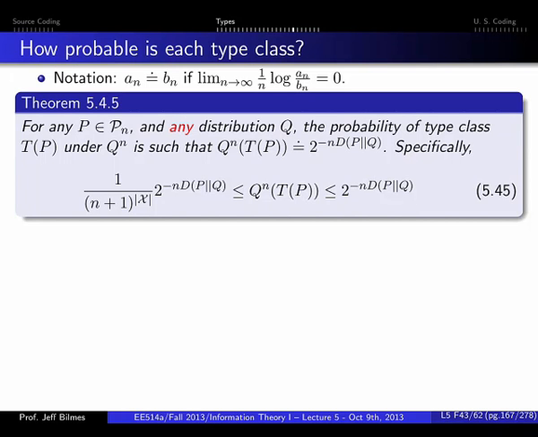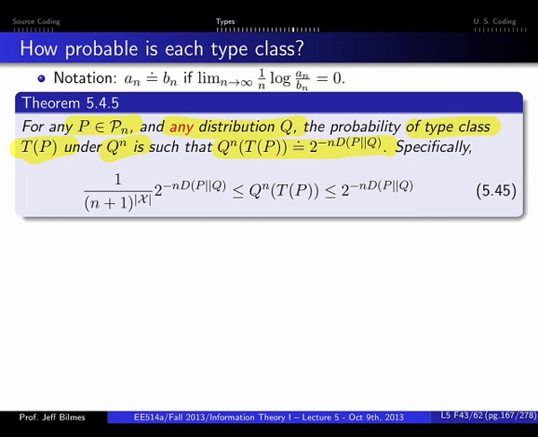So we have this theorem which basically says that if you take any type from the set of possible types in any distribution, which could be rational or irrational, the probability of the type class, these are the set of sequences that have that particular type P, under this true distribution, is essentially, up to the first order of the exponent, 2 to the negative n times the Kullback-Leibler divergence between the type and the true distribution.